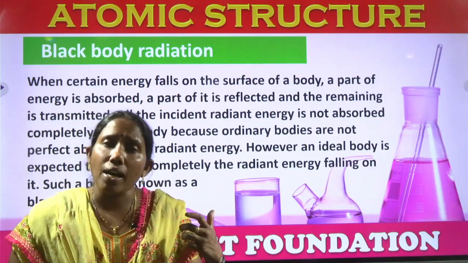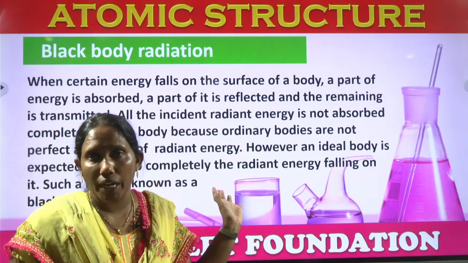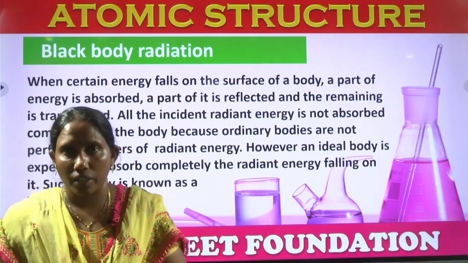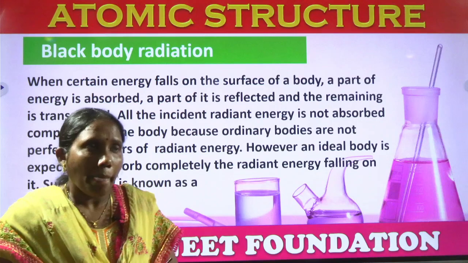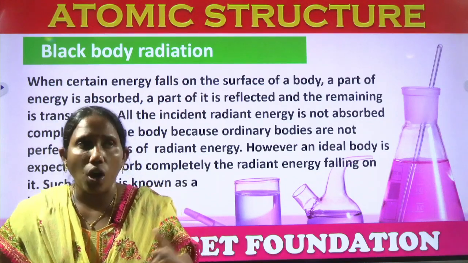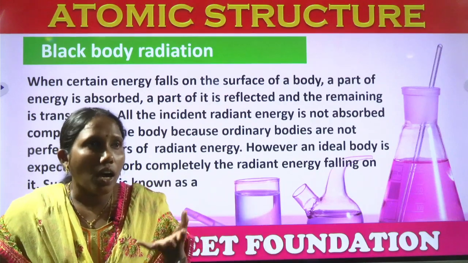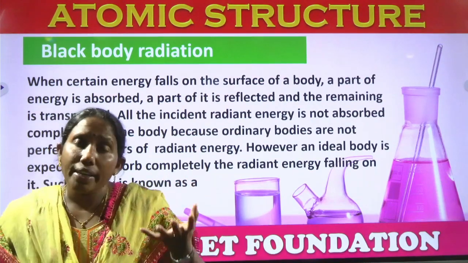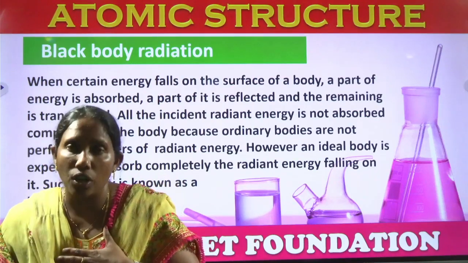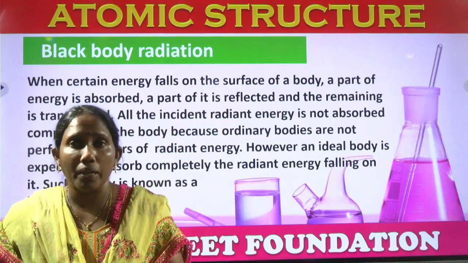Actually that Planck's quantum theory was taken to explain black body radiation and photoelectric effect, right? So what is a black body? See here, we have two types, ordinary body and ideal body. If you take any ordinary body, it cannot absorb 100% of energy or it cannot emit 100% of energy.